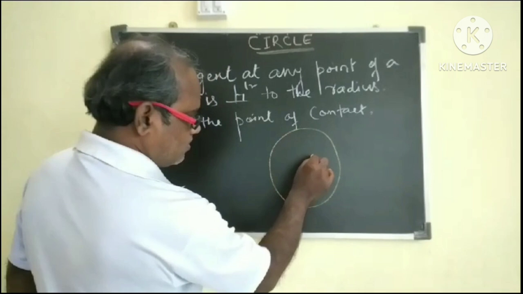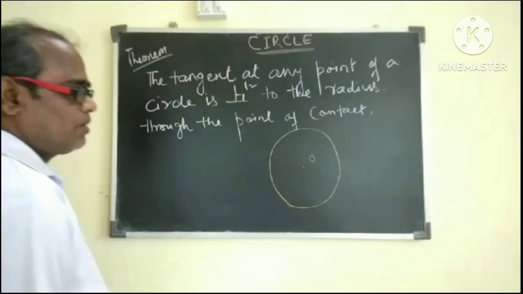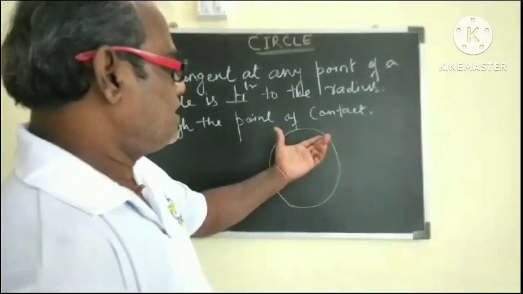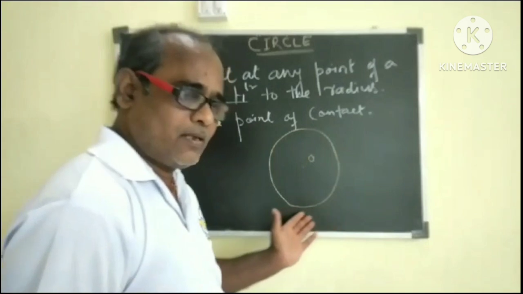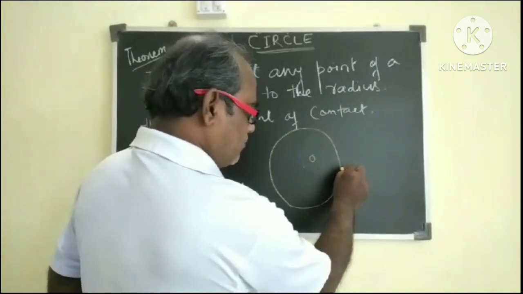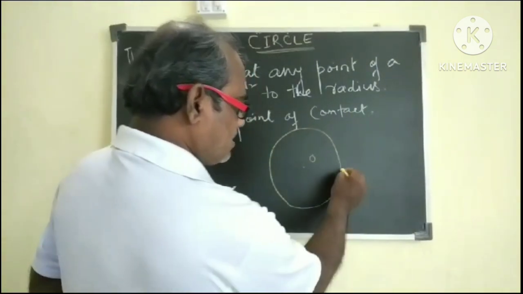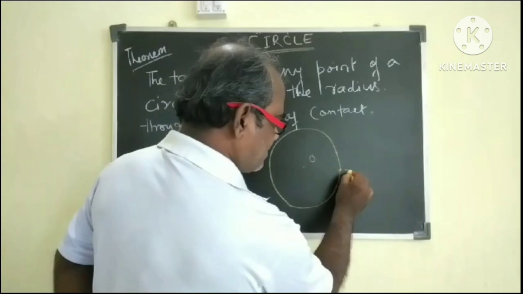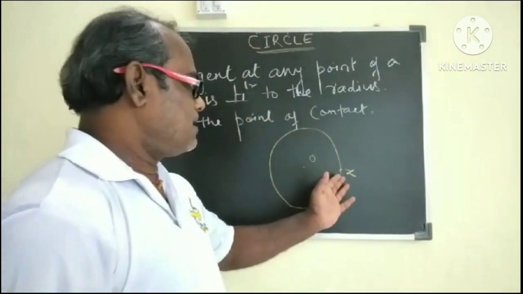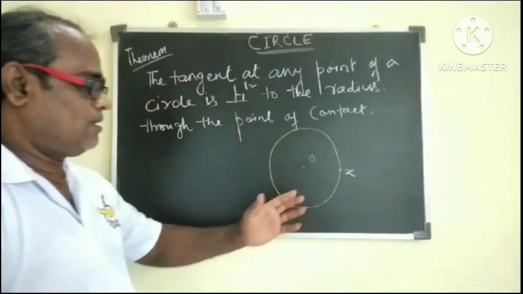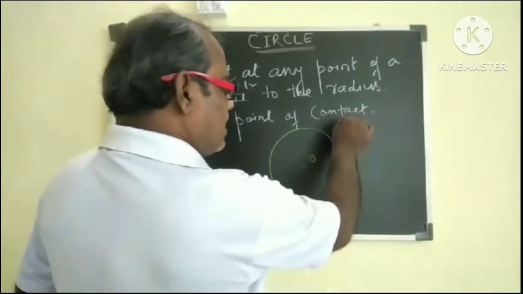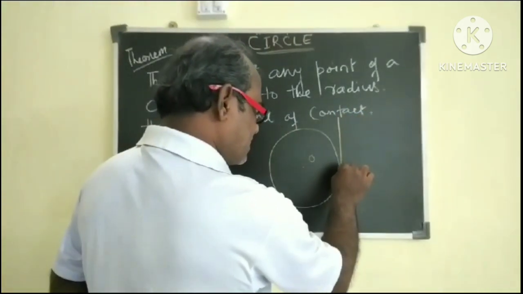with center O. Now any point which lies on the circle, let us say this point X. So X is a point on the circle through which a line passes.